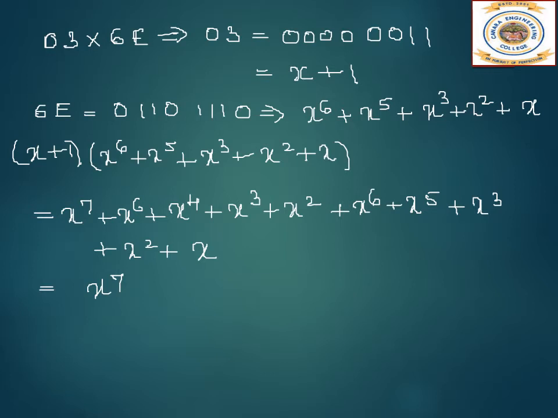Then we have x cube and x cube, so that will also cancel out. x square and x square also will cancel out. So what will remain is x to the power 7 plus x to the power 5 plus x to the power 4 plus x. Now the binary equivalent of this will be 1, 0, 1, 1 and 0, 0, 1, 0. So this is the result for 3 into 6e.